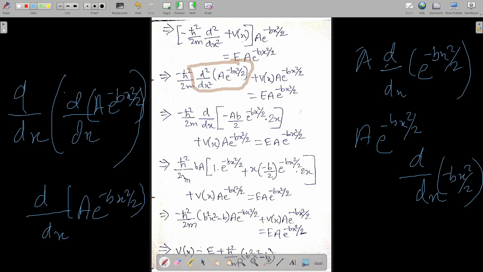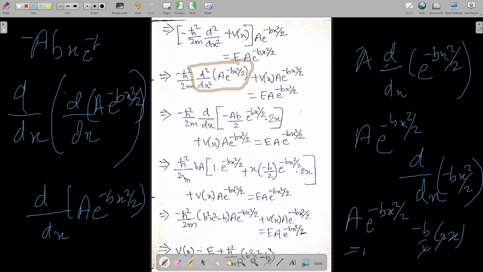So A e to the power minus b x square by 2, then this minus b by 2 will come out and this will be 2x. Then 2 and 2 will cancel out, and I will get minus A b x e to the power minus b x square by 2, right?